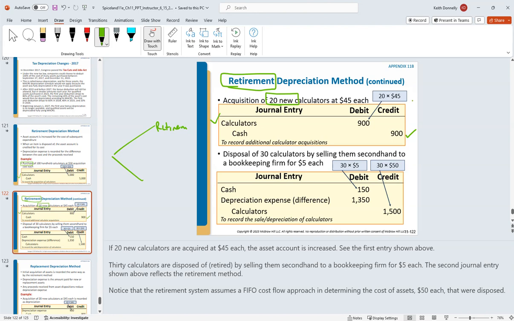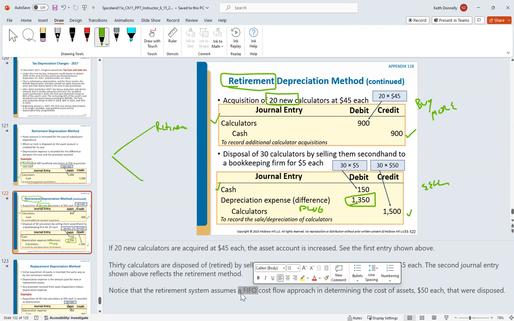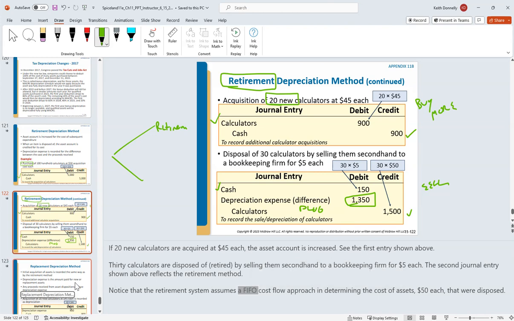That's great, so we buy more. And then whenever we sell some of the calculators, we're going to do debit cash, credit calculators, and then the difference there we're going to plug to depreciation expense. That's how we get the depreciation expense on here. Do be aware, whenever they calculated what they sold there, that was on a FIFO basis. So in other words, from the original purchases, what we expense first is first in, first out.